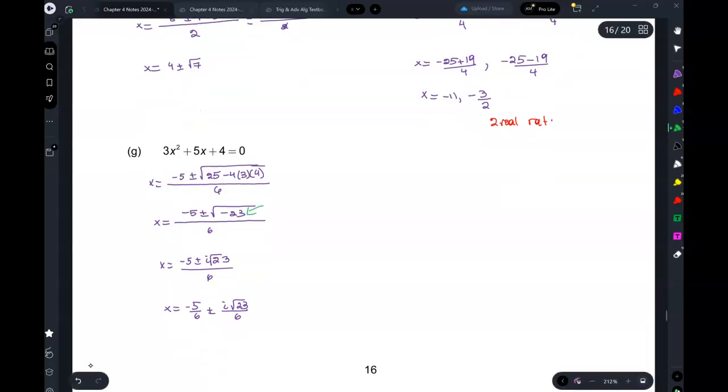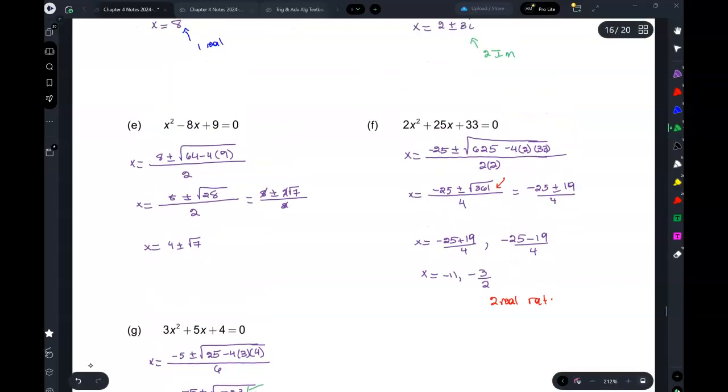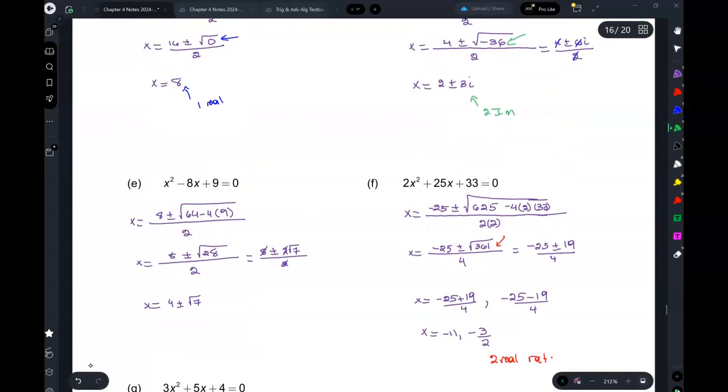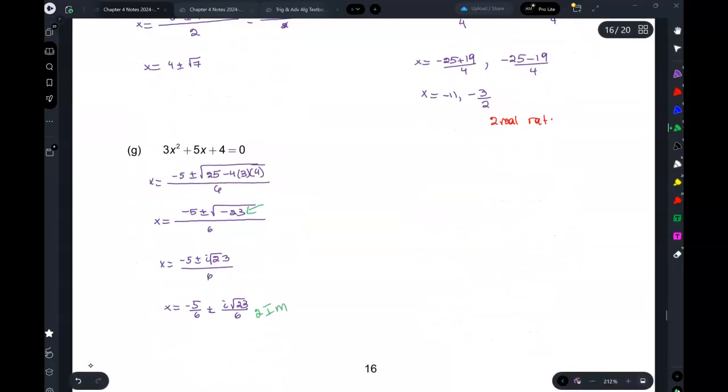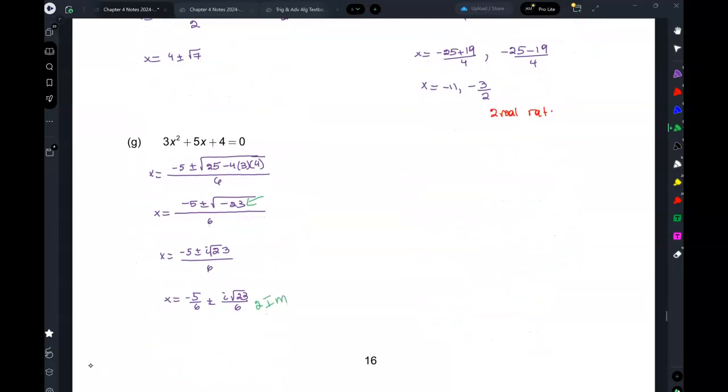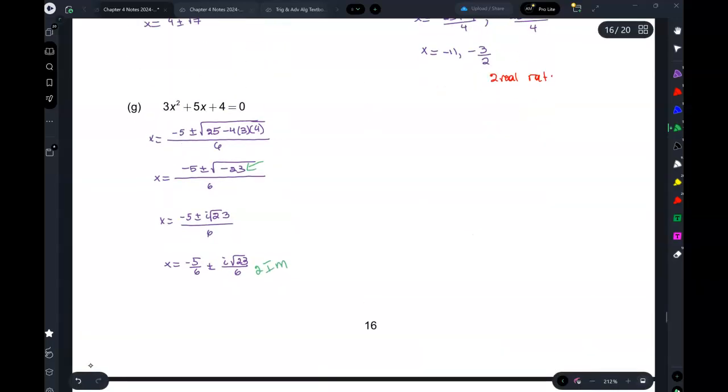Negative, I got 2 imaginary. Because it's plus or minus. So then that radicand tells us a lot about the types of solutions we're going to get.